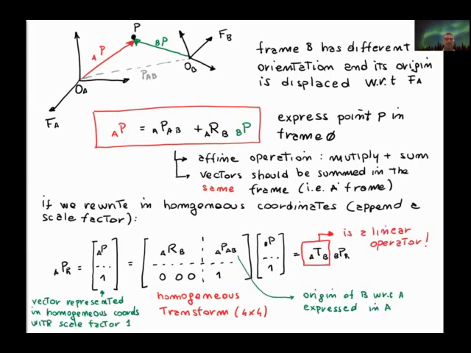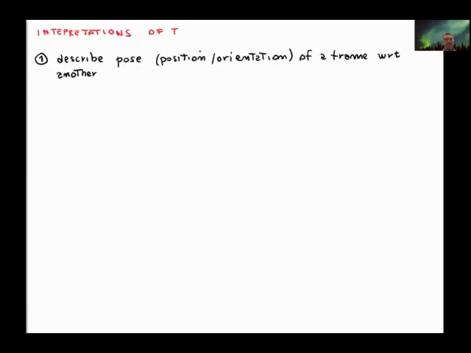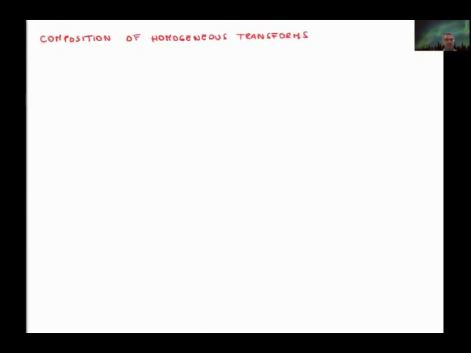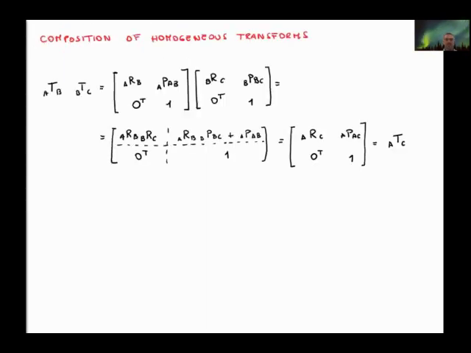And the advantage of having these transforms is that we can concatenate them as we did for rotation matrices. So this is where we left. It's a concatenation, a composition of 2 homogeneous transforms.